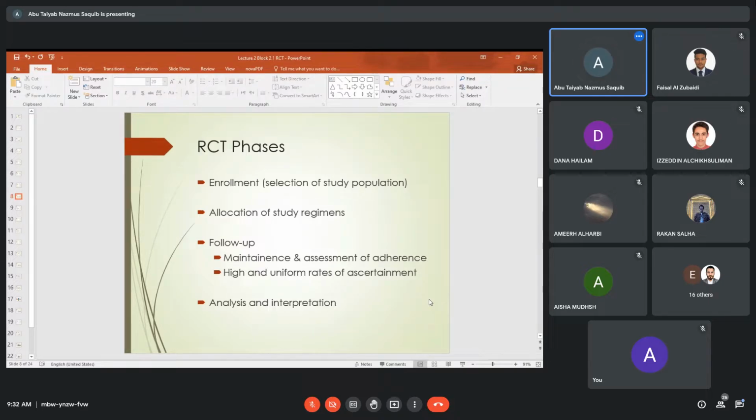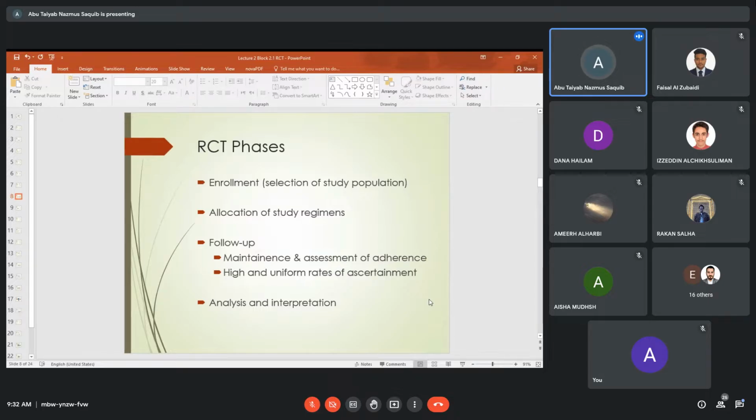But anyway, what are the phases of the randomized controlled trial? First, you have to enroll your participants. Then you have to randomize, and once you randomize, you have to allocate whatever intervention it is. Maybe it's a drug, maybe it's a lifestyle modification, maybe even a reminder; a flu shot reminder can be an intervention.